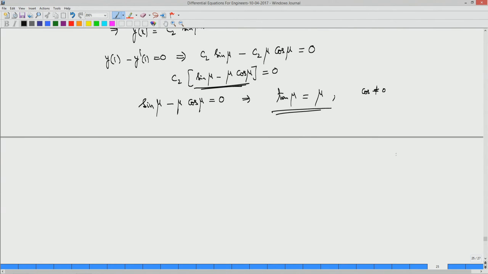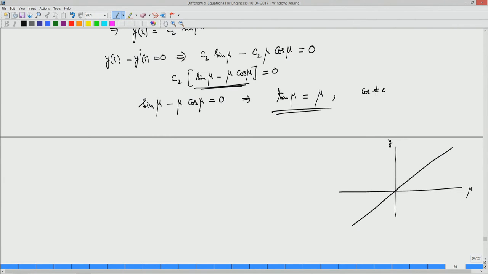So this we do graphically. This is like tan x equal to x. This is your y equal to x, a line like this, and now you have tan mu, that is y equal to tan x.